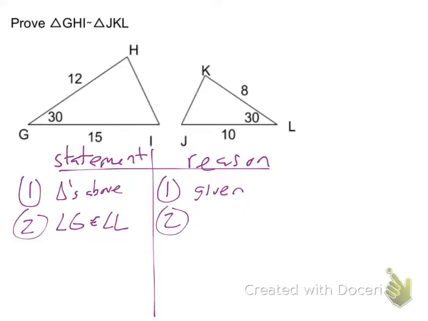Both angles equal the measure of 30. Each angle measure is 30 degrees. By definition, they both equal 30 degrees. They have to be equal. Yeah?